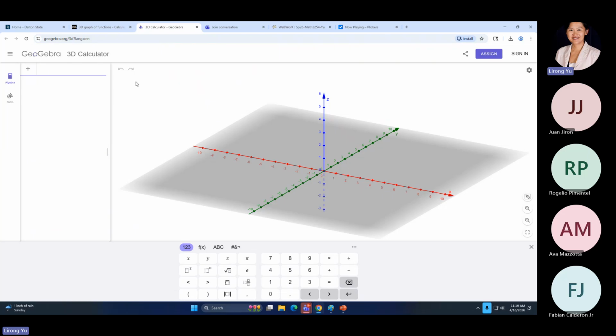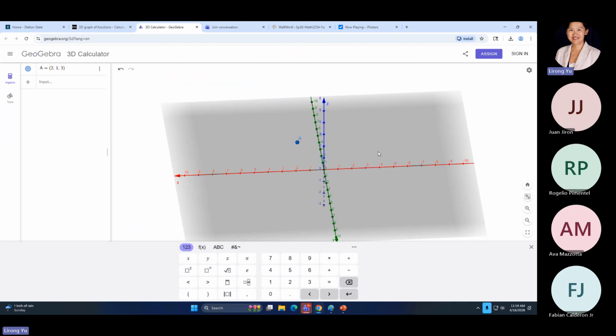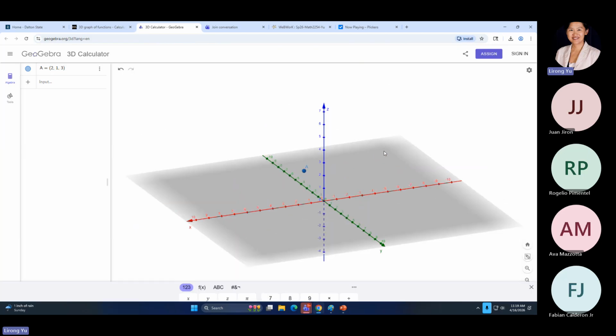For example, the one we were just doing is (2, 1, 3). This gives us the point (2, 1, 3), and you can play around and move your vector system. This is a vertical z-axis. The red one is the x-axis, and I think the green one is the y-axis.